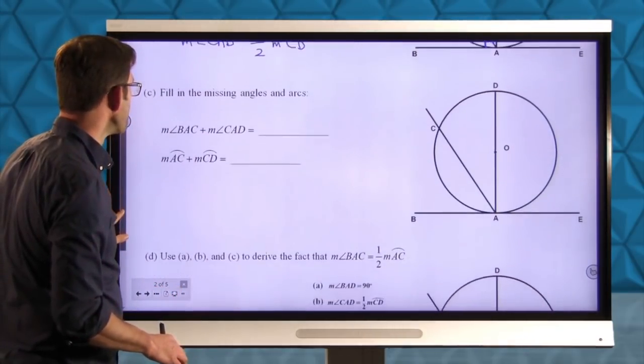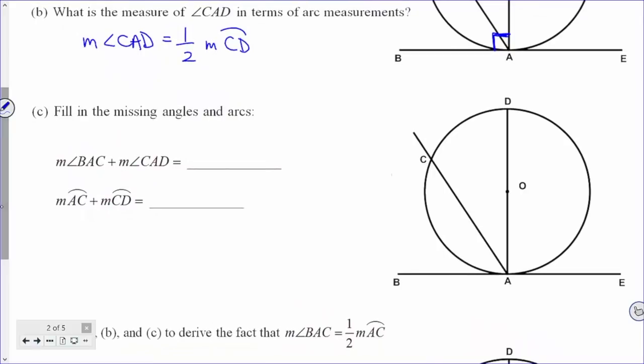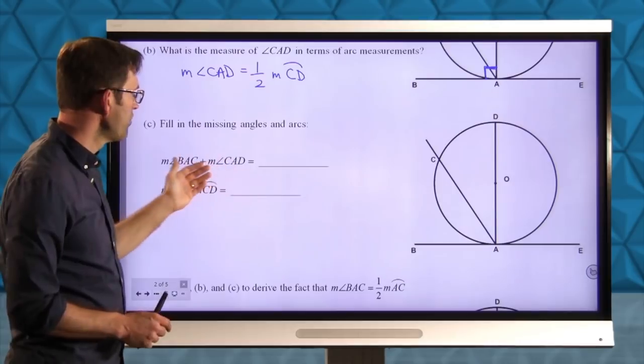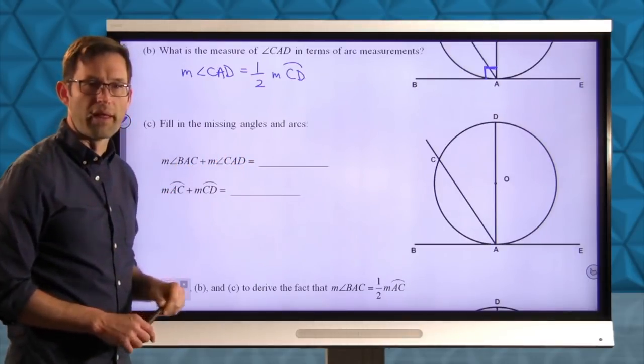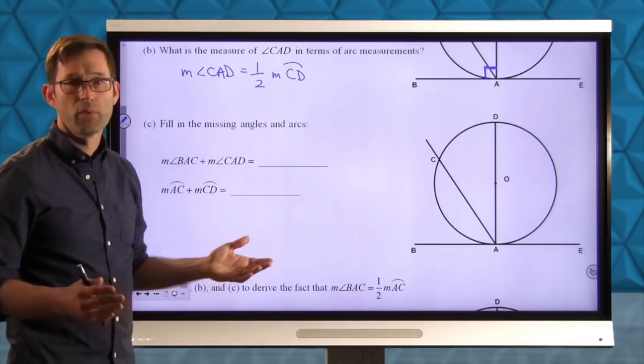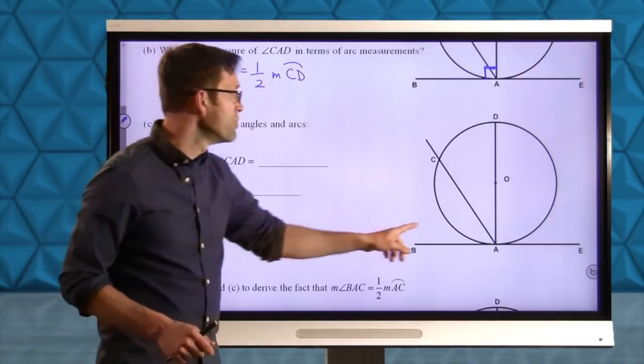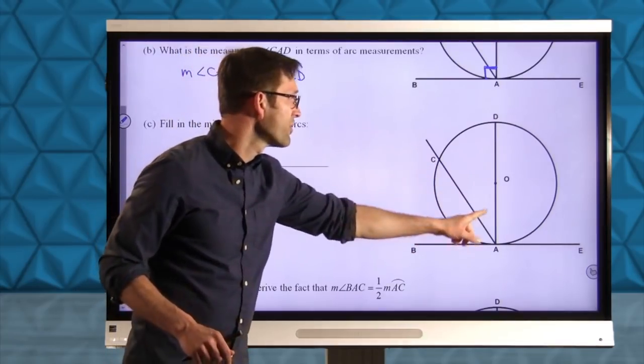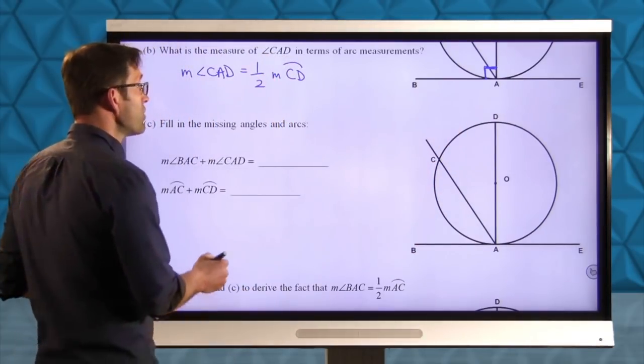Now, letter C says fill in the missing angles and arcs. This should be pretty easy. See if you can pause the video now and fill in the blanks here. All right, well, here we go. The measure of angle BAC plus the measure of angle CAD, this is simple enough.